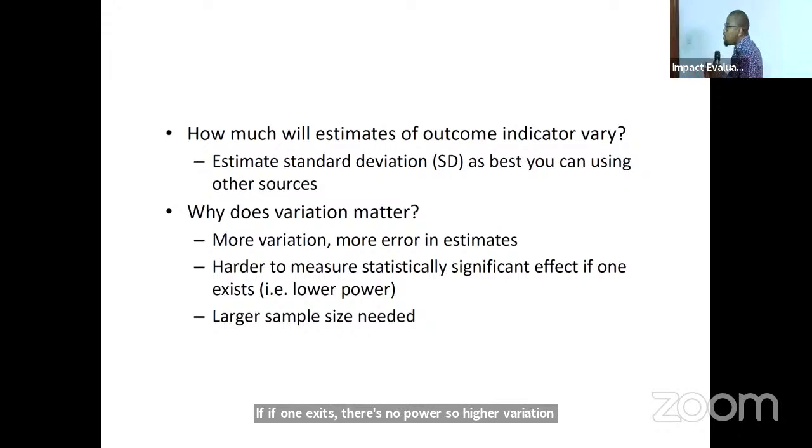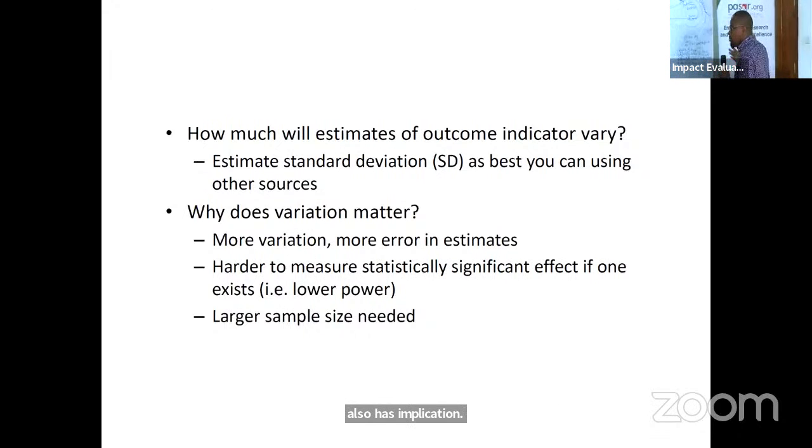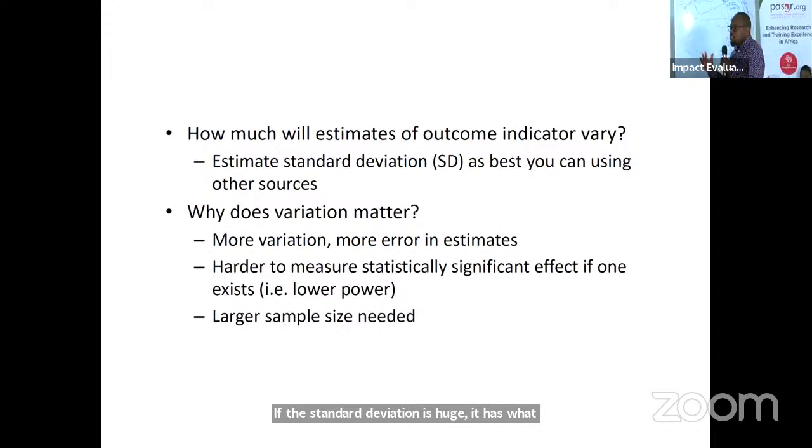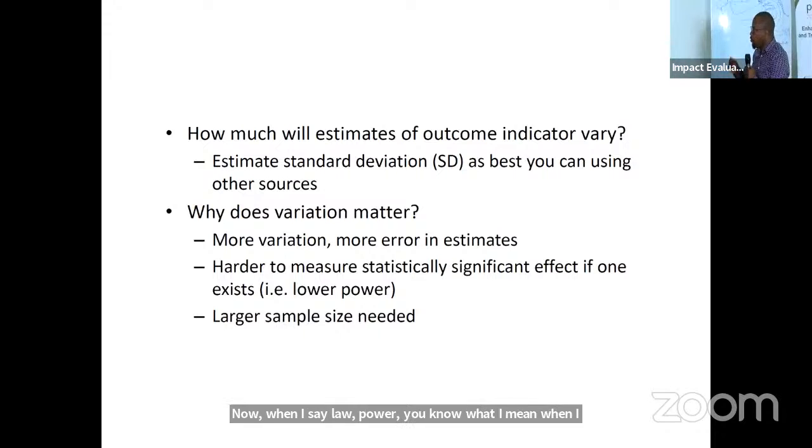If the standard deviation is huge, it has what? Implication. If standard deviation is small, it has what? Implication. It has implication on power. Now, when I say lower power, you know what I mean. When I say lower power, I mean the likelihood of you ruling out false negative becomes small.